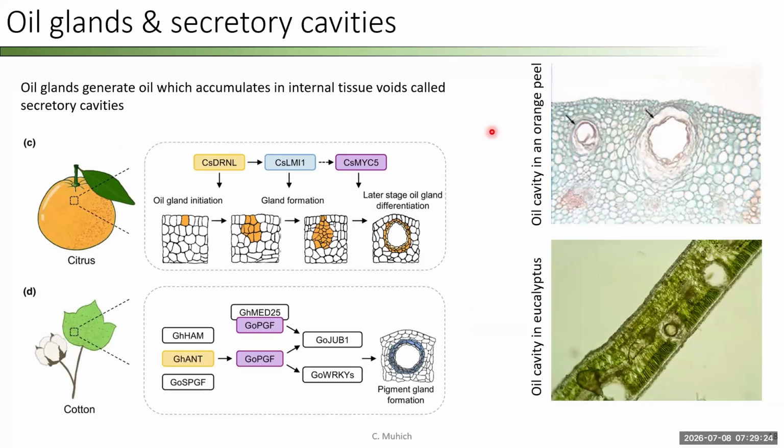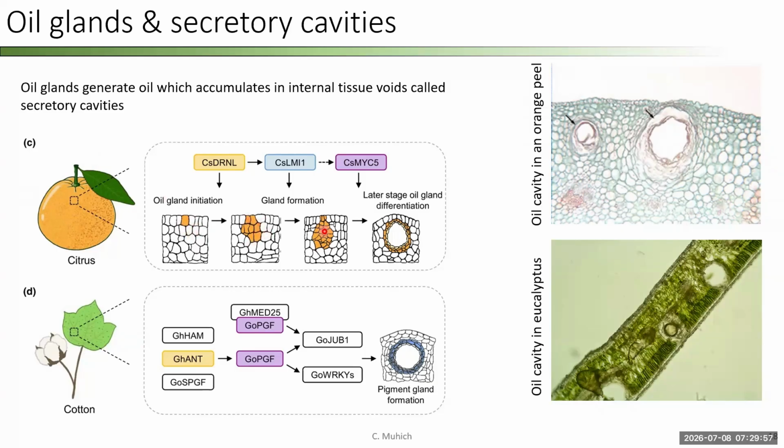Okay, so let's move on to our secondary containment structure. So this is oil glands and secretory cavities. And there's two major sets. So these are oil cavities in orange peel. So if we take this orange peel, we zoom in, we start having a cell which is going to form an oil gland.